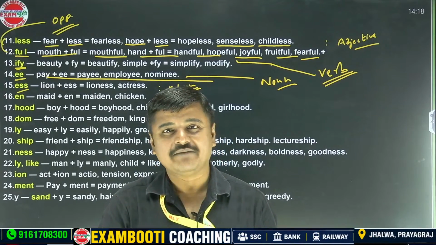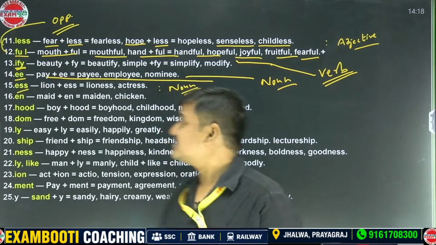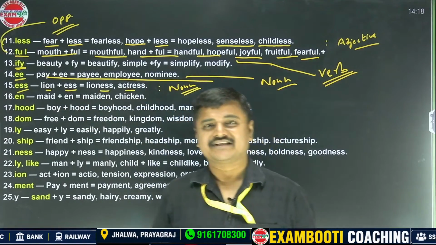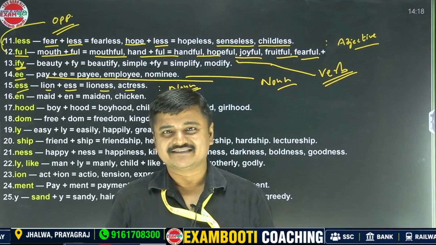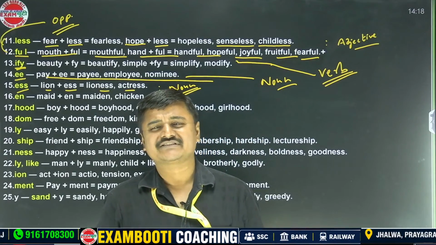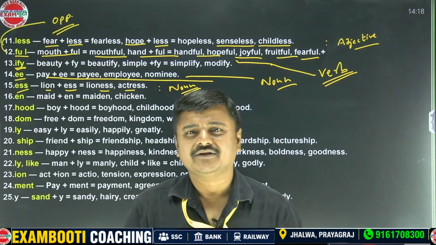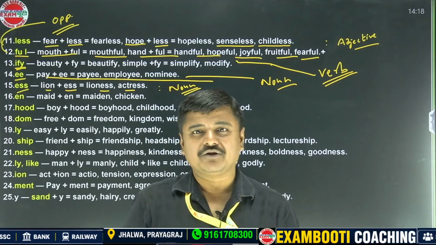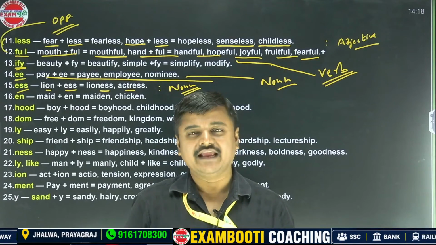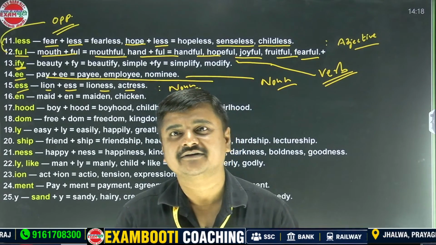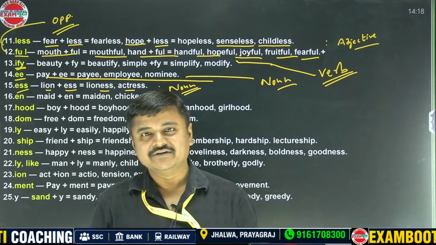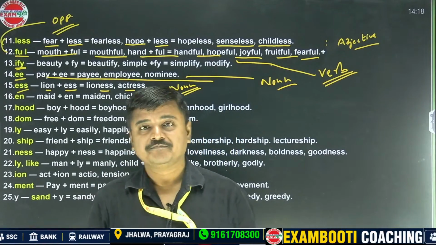It also hints at this, like lion, lioness, actor, actress, tiger, tigress. So many words you find, and you can also understand the gender, because all these nouns are in feminine gender. So it also helps you.